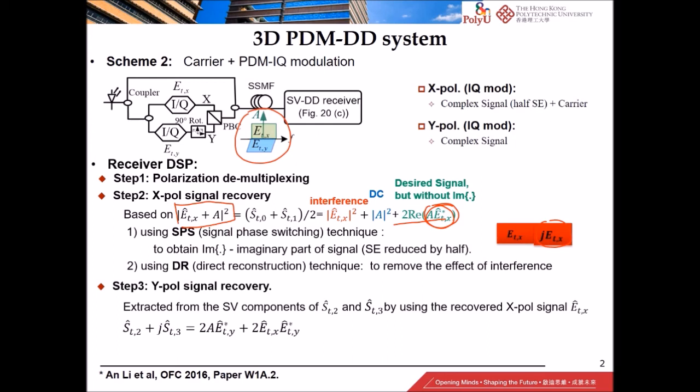Once you get the signal in X, and you look at the recovered Stokes parameters S2 and S3, you can simply get an estimate of the signal in the Y polarization by dividing S2 plus J S3 by EX plus A.